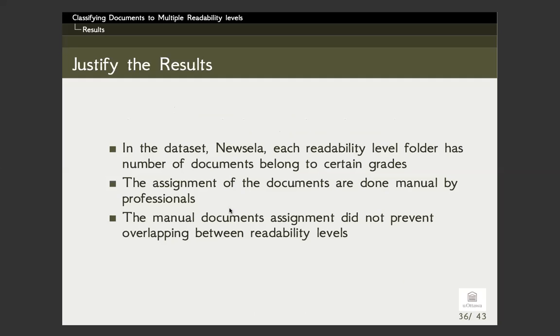So looking at the dataset, Newsela, each readability level folder has a number of documents belonging to certain grades. The assignment of those documents was done manually by professionals, as mentioned in the corpus description. The manual assignment did not prevent the overlapping between readability levels.